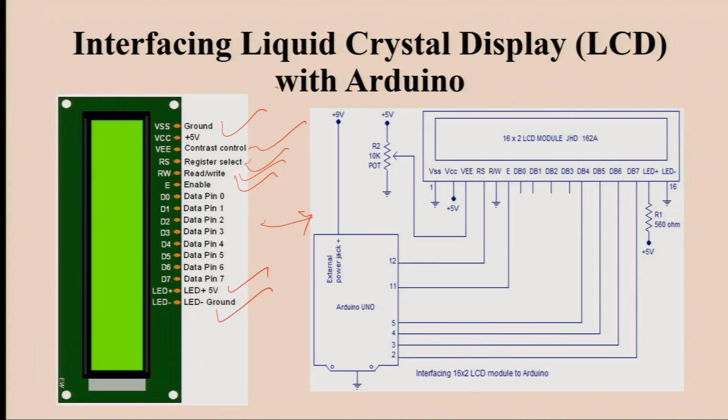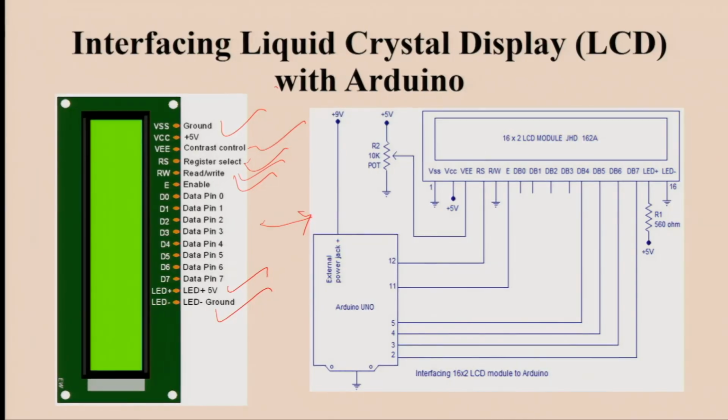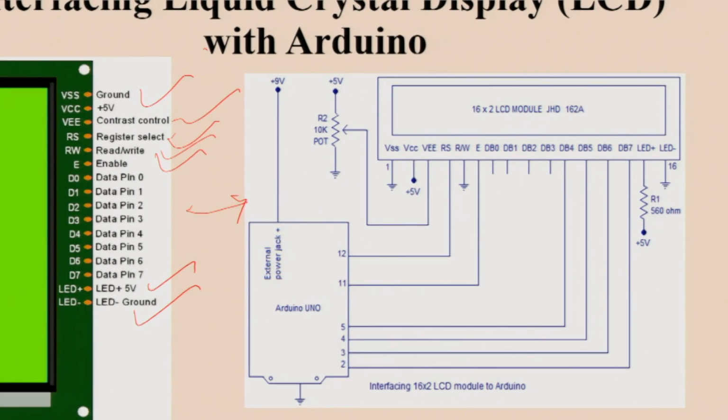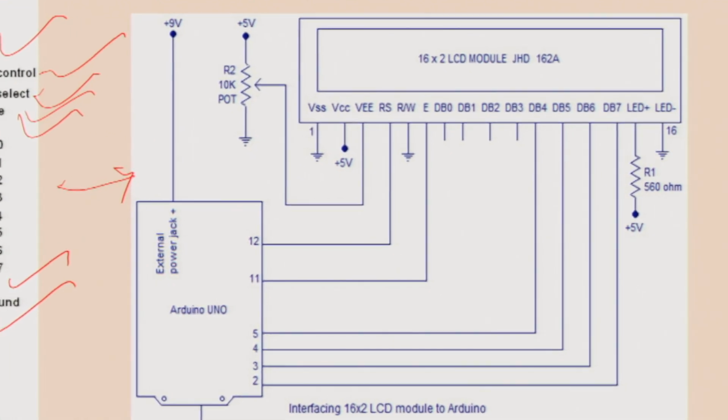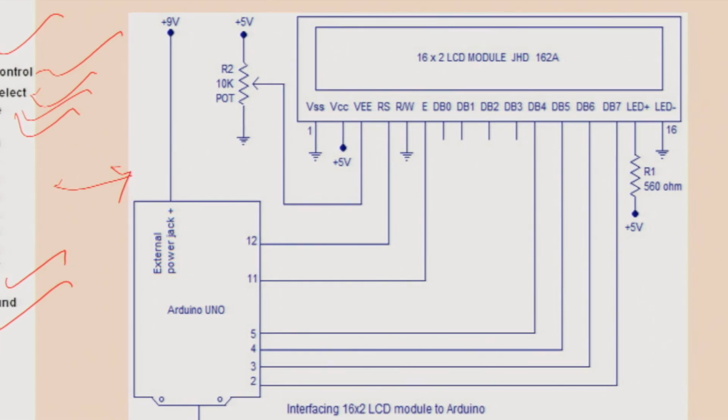Other than this, we have several data lines on this board, and ultimately there are LED 5 volt and LED ground pins. In general, when you have an LCD board with you, you need to make all these connections with your Arduino board. Along with this pin diagram, here you can see a circuit diagram that shows you the connection of the LCD board with the Arduino board.